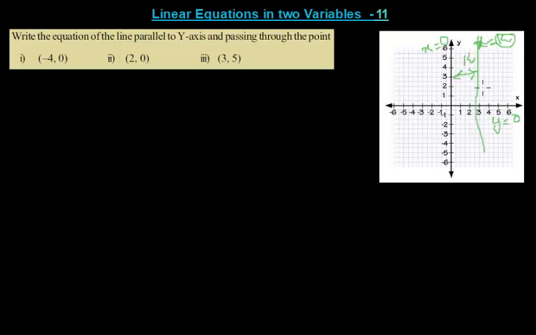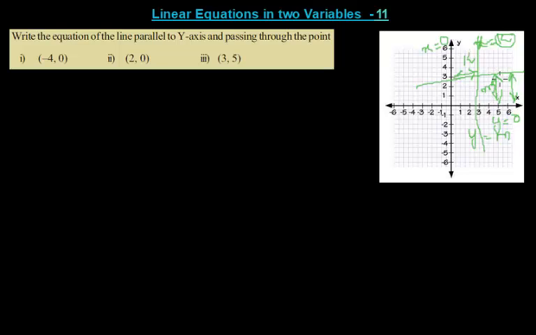Similarly, if the distance from x-axis is m units, then the equation of the line parallel to x-axis will be y is equal to m, where m is the distance from the x-axis.